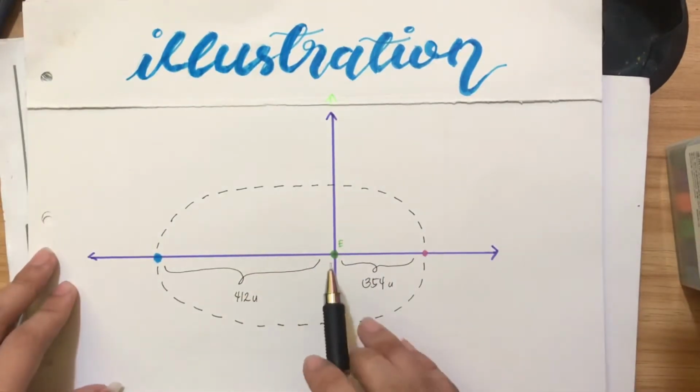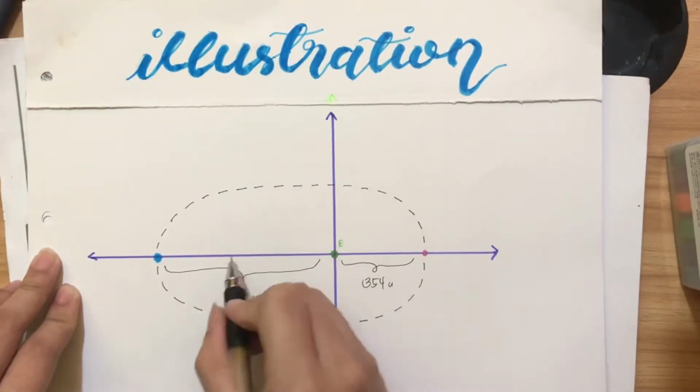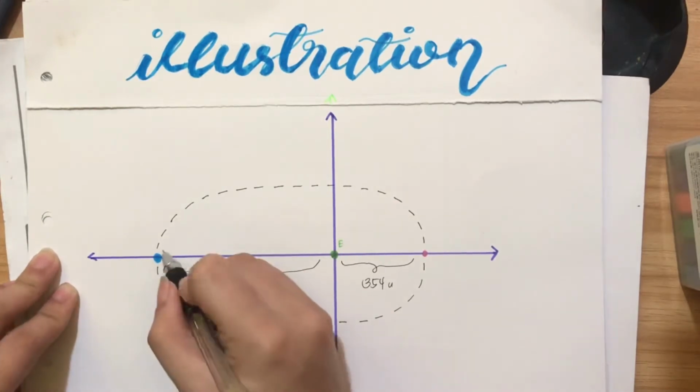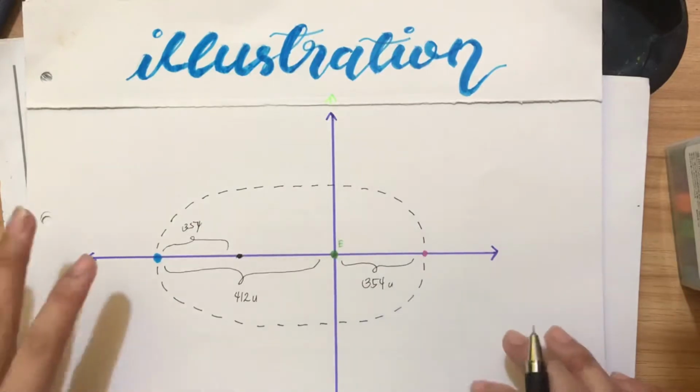This point is the origin where the Earth is located. It is also a focus, so there is one more focus here, and that is also equal to 354 units. Between the two foci is the center.